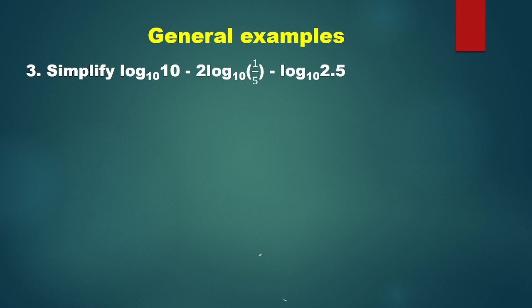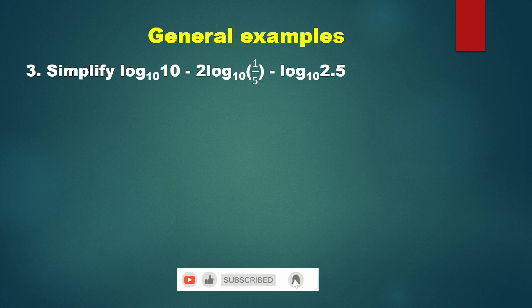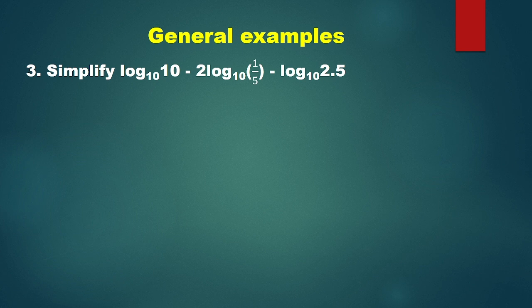Let's take another example. Log 10 base 10 minus log 1 over 5 base 10 minus log 2.5 in base 10. Now, to do this, we need to be able to simplify this by joining them together. And how can I go about this?